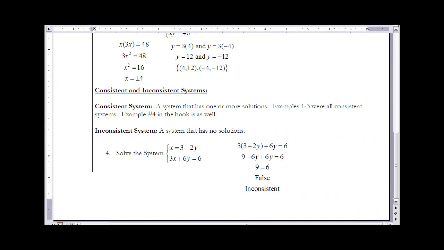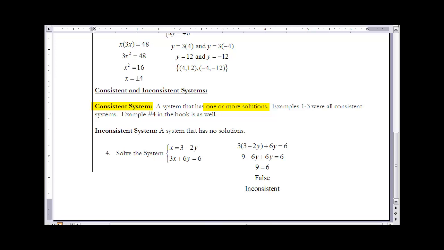Alright, the last idea I'd like to take a look at here is the idea of consistent and inconsistent systems. Basically almost all of the systems that we've looked at so far have been consistent systems, because a consistent system is a system that has one or more solutions. So all the examples we've just done here, 1 through 3, have at least one solution, therefore they would be considered consistent.